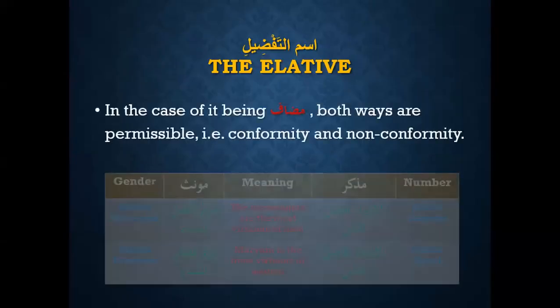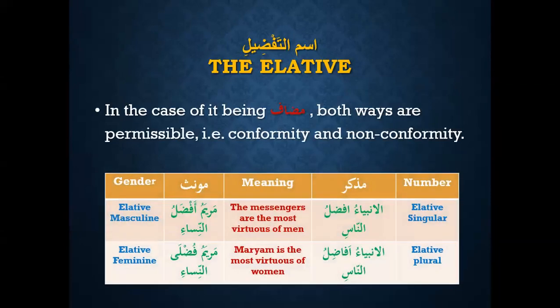And then in this situation, when you're making it mudaf, you have a choice. You could say Maryam afdalun nisa, masculine, afdalu. Or you could say Maryam fudlan nisa, feminine word. Likewise, you could say al-anbiya afdalun nas, singular form for afdal for anbiya, which is plural.